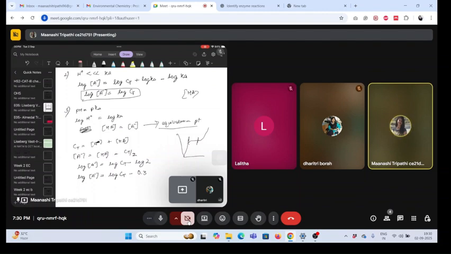Next comes the expression of HA. We have expression for H plus, OH minus. Now we have for A negative. Okay, we got the expression for A negative in all the values, like at pH less than pKa, at more than pKa, and at equivalence point. Now we need to give the expression of HA.